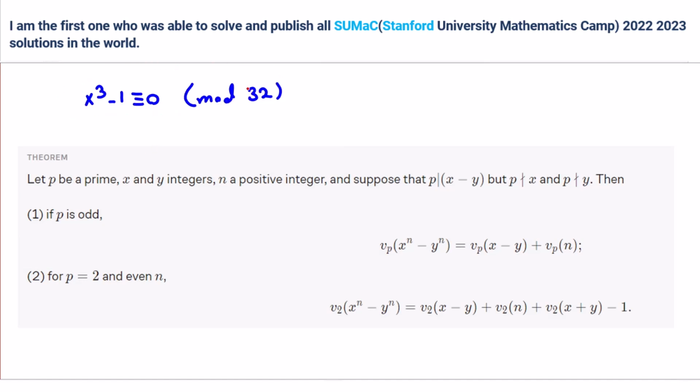But pay attention here, because it is 2 to the 5, our p is not odd. You should consider this case. Okay, and you should see, are the conditions, for example, satisfied? If satisfied, use this formula here to see what you can conclude about x, okay? Try to see how you can apply LTE.